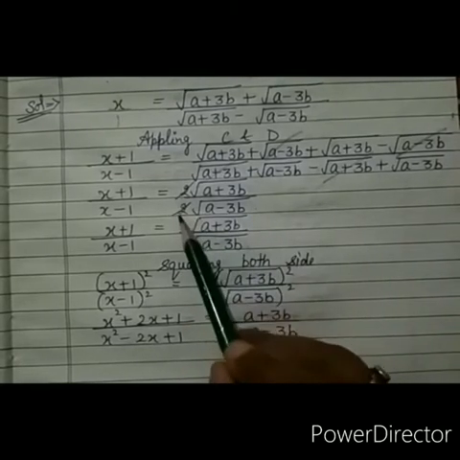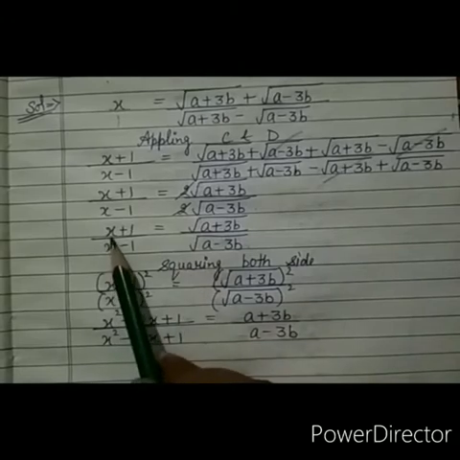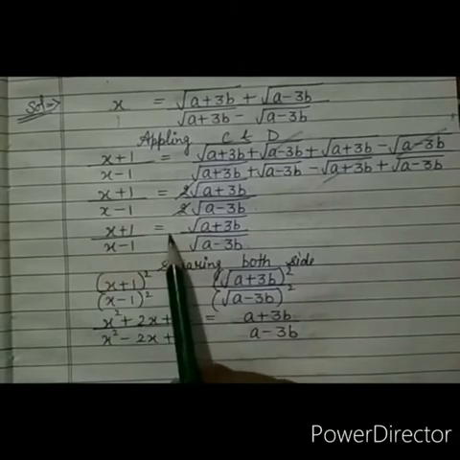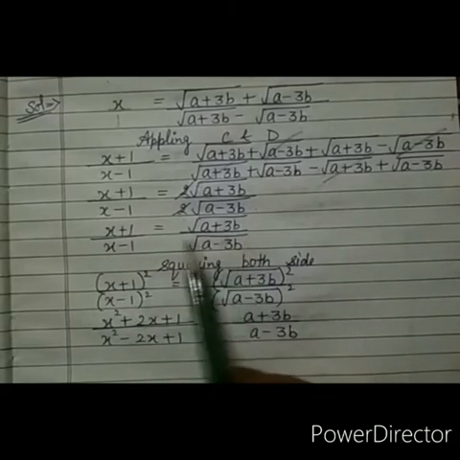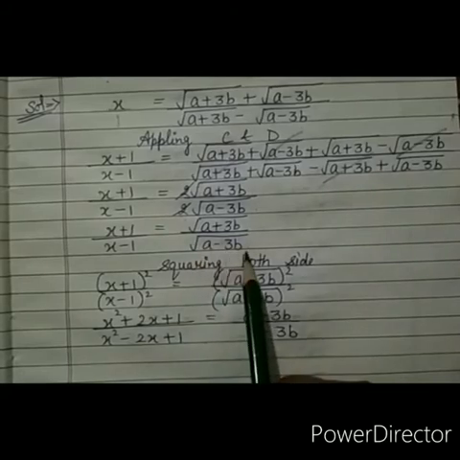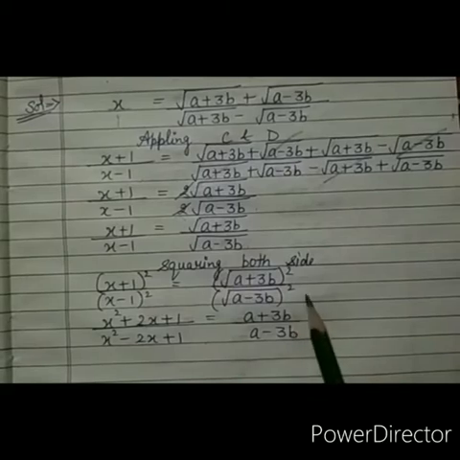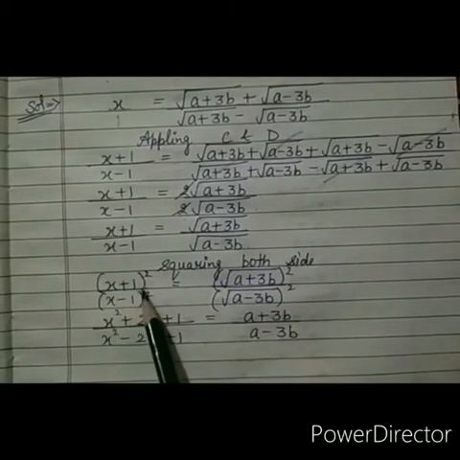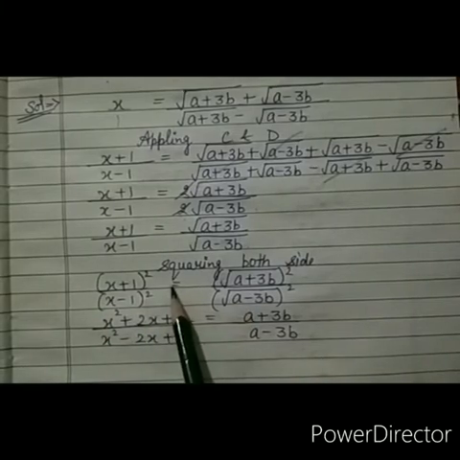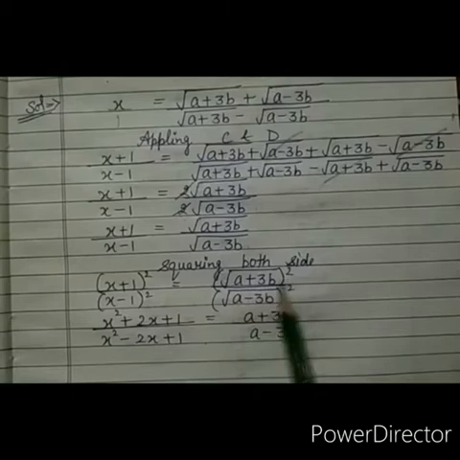When we cancel this 2 by 2, then we get x plus 1 upon x minus 1 is equals to under root a plus 3b upon under root a minus 3b. In order to remove this square root, we have to take square on both sides. So squaring both sides, we get x plus 1 whole square upon x minus 1 whole square is equals to under root a plus 3b upon under root a minus 3b whole square.